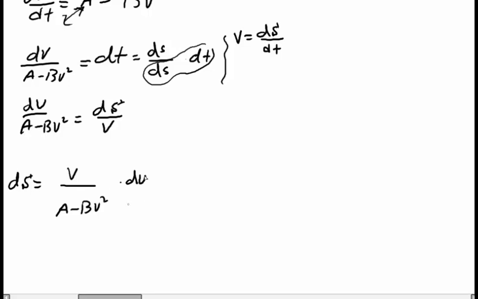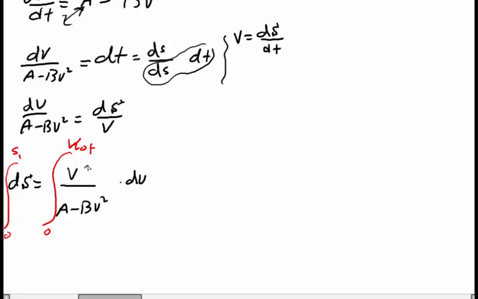Now don't forget, we need only S1 here, the first segment, so we make some integrations. We integrate both sides: this side from 0 to S1, and this from 0 to V liftoff. If you differentiate the denominator here, a minus bV square, you get minus 2bV with respect to V, so we have V here.